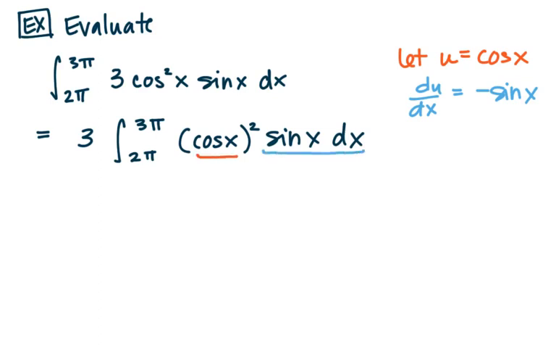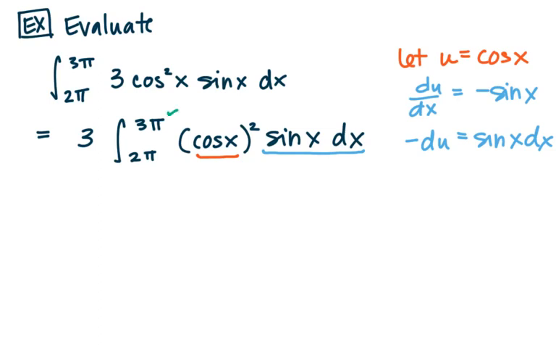I see my cosine. So let me rearrange this. This becomes du equals negative sine x dx. And if I multiply by negative on both sides, that would be negative du equals sine x dx.